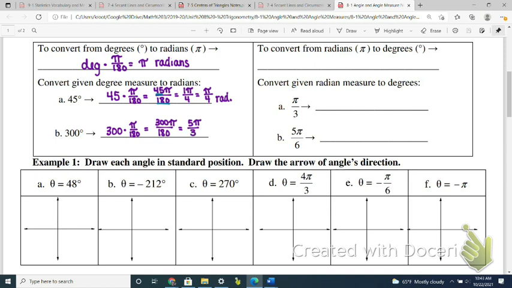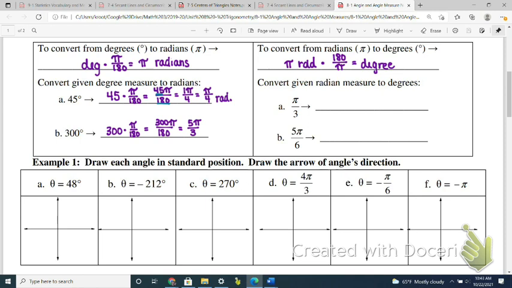So now let's look at converting from radians back to degrees. We're going to just do the reciprocal of what we just did. So we want pi radians times, instead of multiplying by pi over 180, we're going to multiply by 180 over pi because I want the pi's to cancel out. And this will get me my degree.